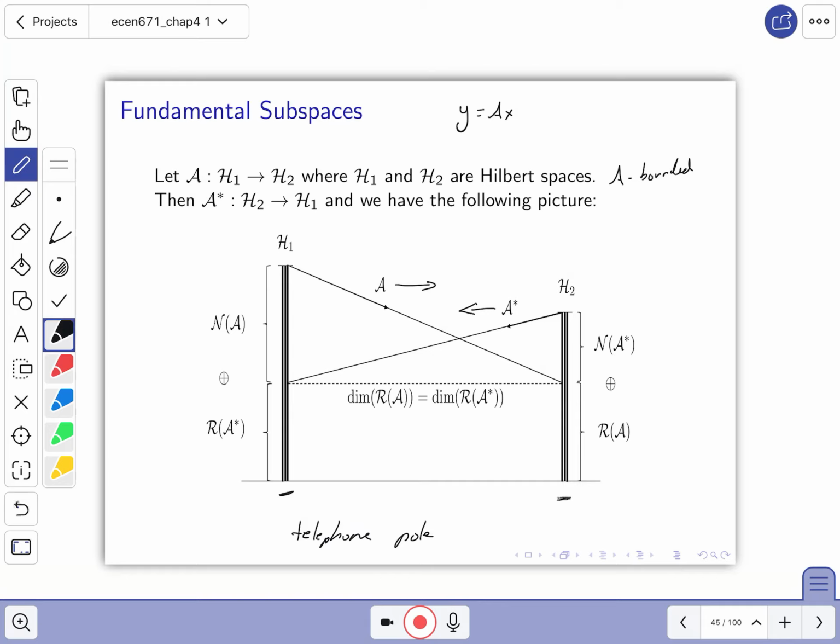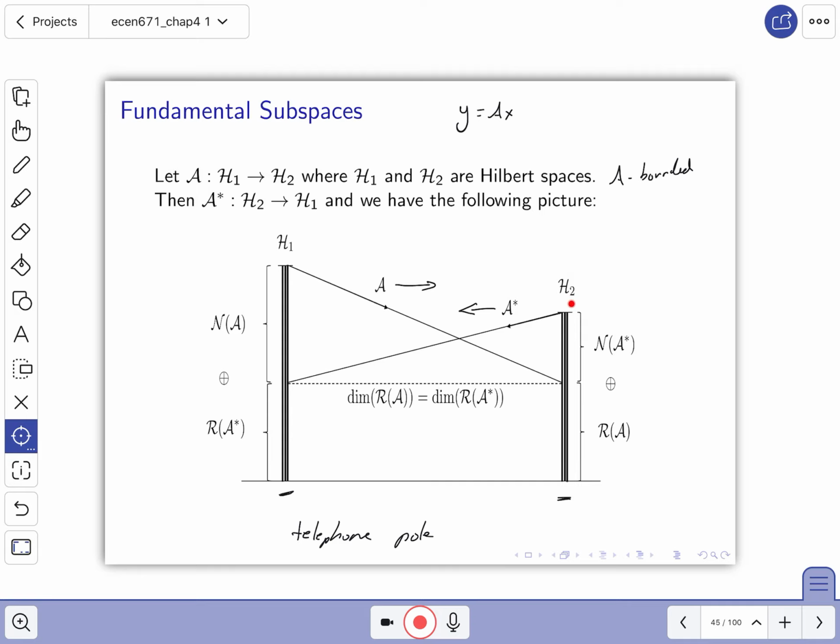What we're trying to represent here is that A is going to take all of H1 and map it down onto the range space of A. The range space of A, of course, is in H2, and so all of H1 gets mapped onto the range space of A. And then A star takes all of H2 and maps it over here to the range space of A star.